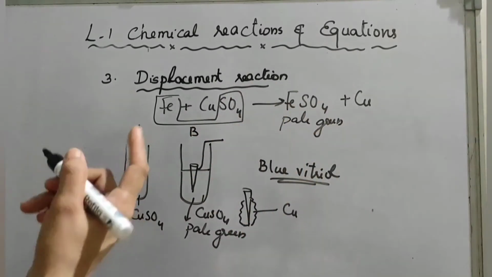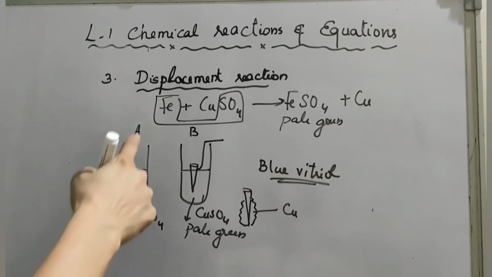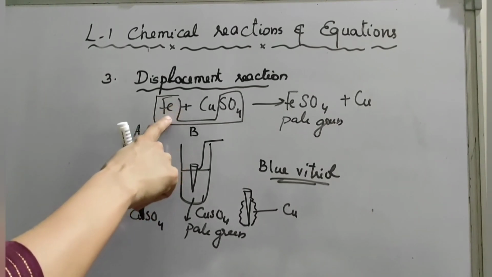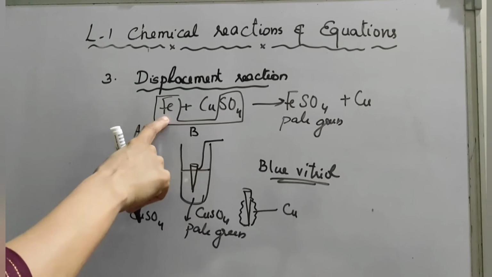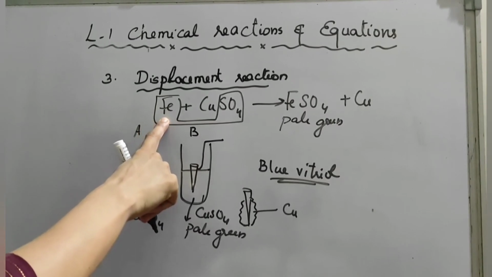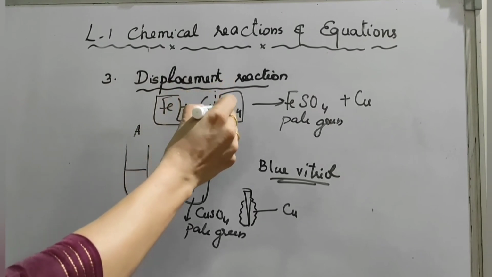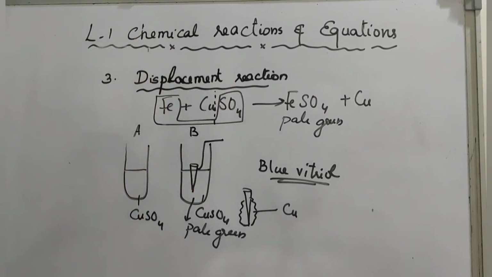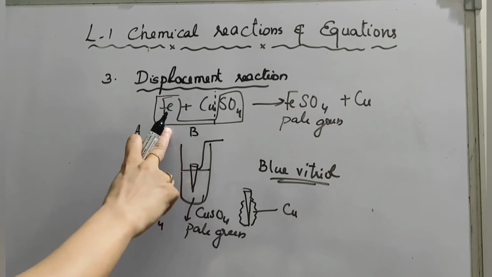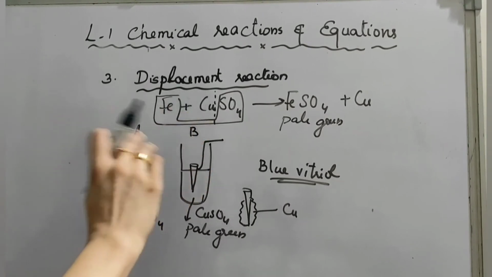So how can we define this? Displacement reaction. More reactive element: iron is a more reactive element and displaces the less reactive element from its compound. Here iron is more reactive than copper, so it displaces copper from its compound.